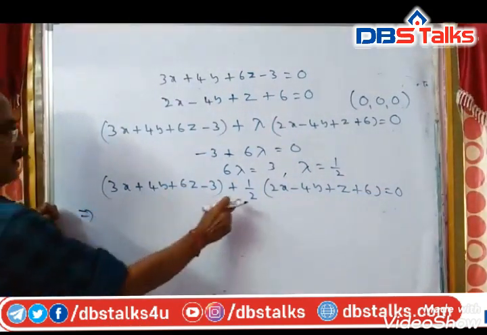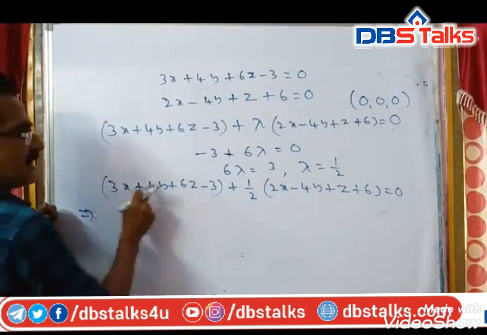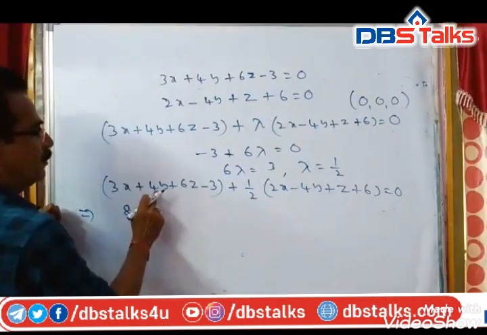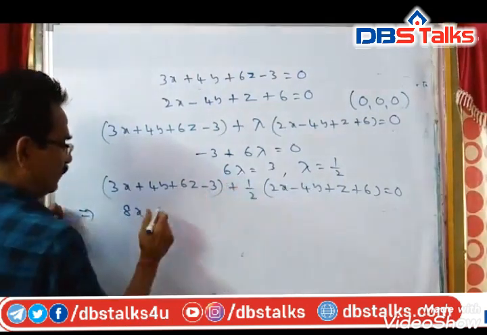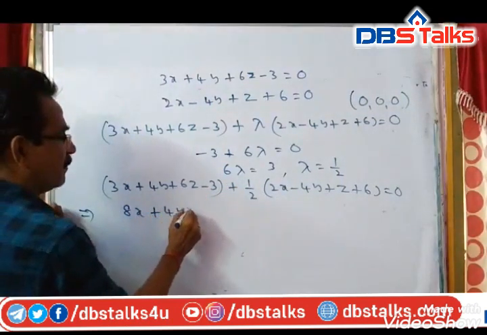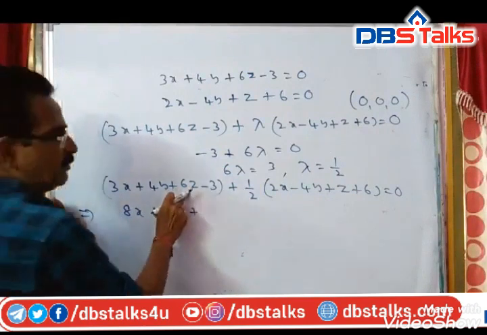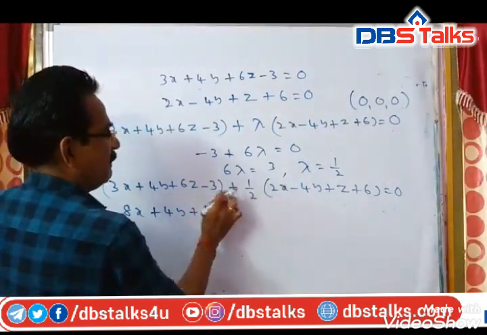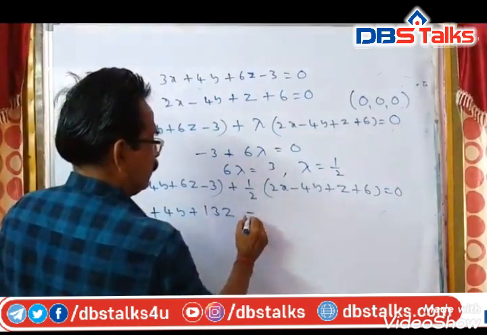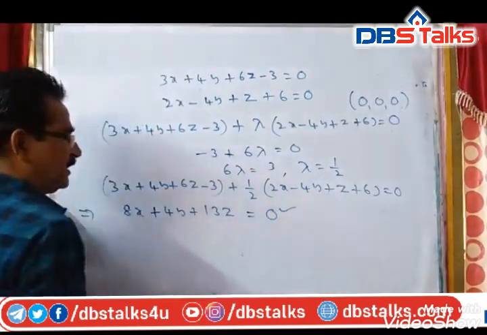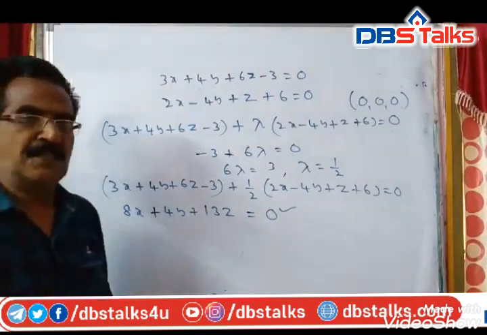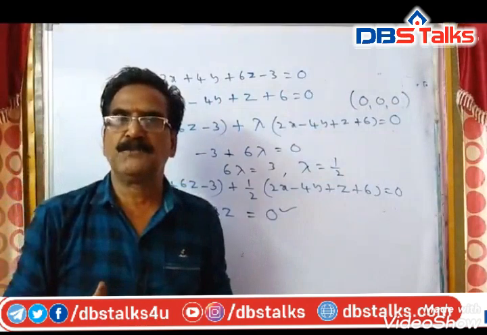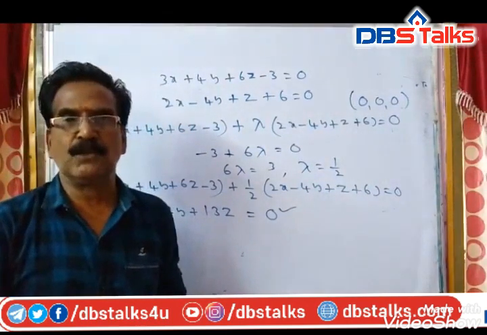Which implies 2 into 3, 6x plus 2x, 8x, 2 into 4, 8y minus 4y, 4y, 2 into 6, 12z plus z, 13z, minus 6 plus 6, 0. Because it is passing through the origin, no constant term. So the equation is 8x plus 4y plus 13z is equal to 0.